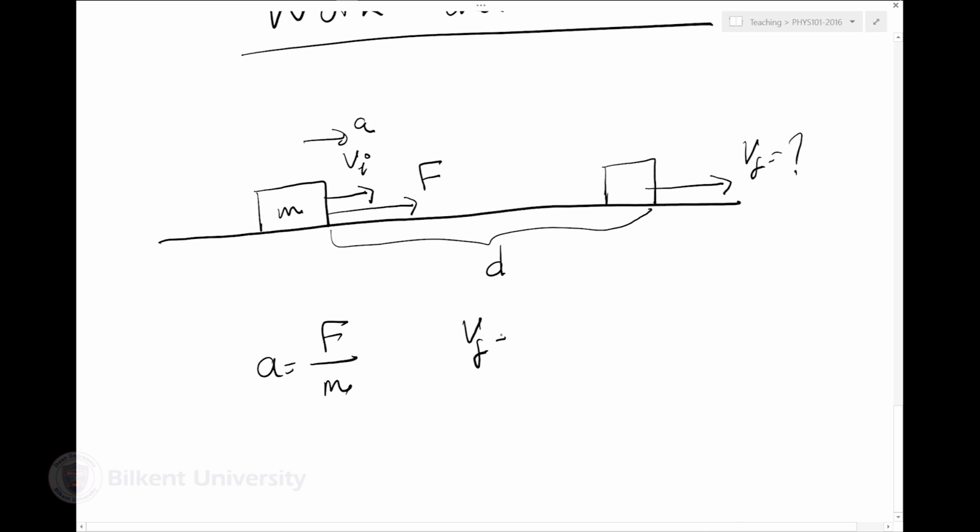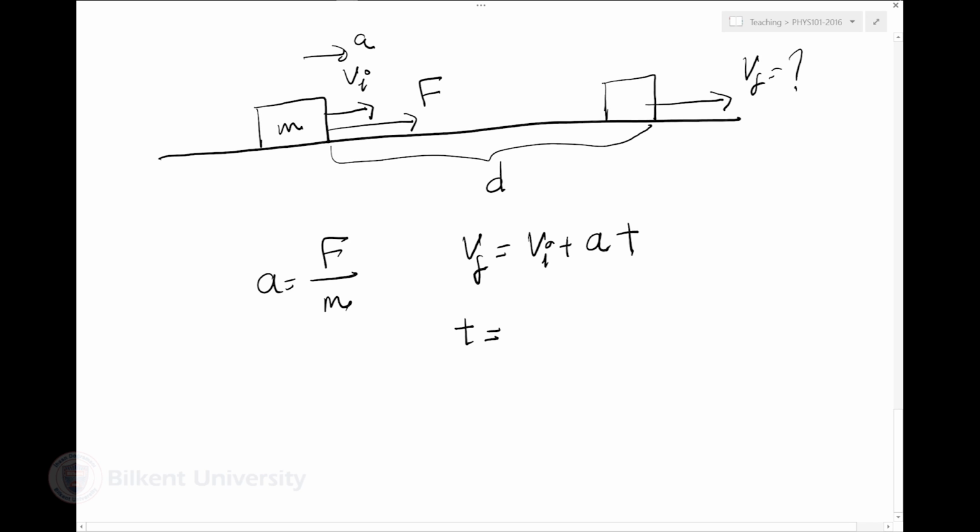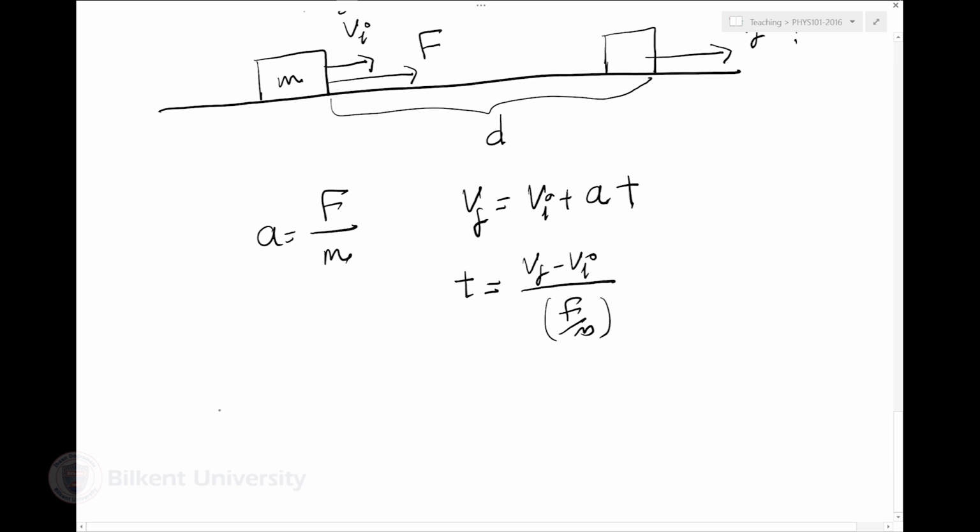I can say that Vf is Vi plus AT. Or in other words, I can find T to be V final minus V initial divided by F over M. So from here, D is going to be what? It's going to be V initial times T plus 1/2 A T squared, right?